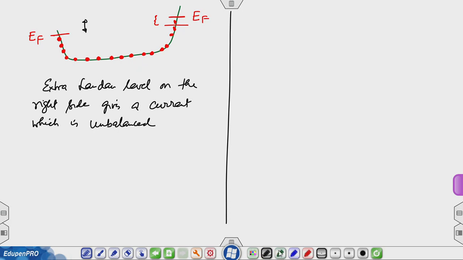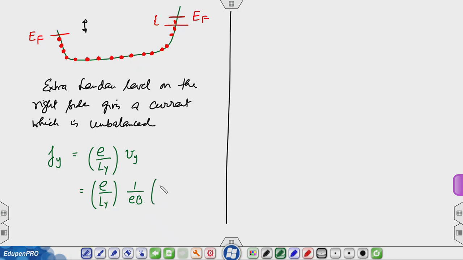So, this current Jy, taking this Landau level to be one level, is going to be e over Ly, that is the linear density of the charge, and its velocity, which is e over Ly times 1 over eB dV/dx.